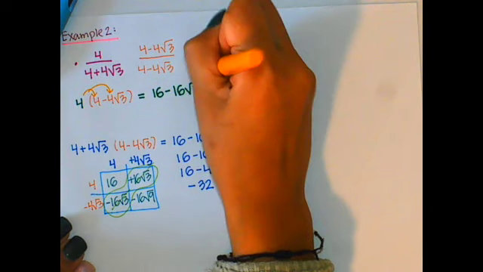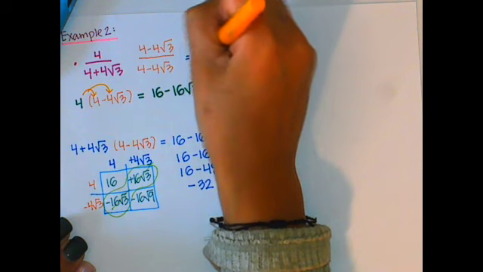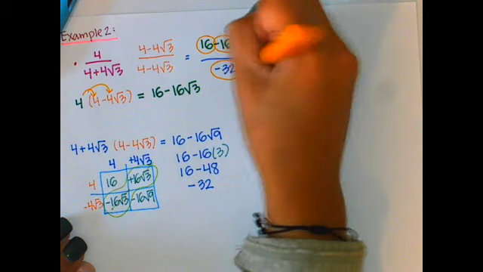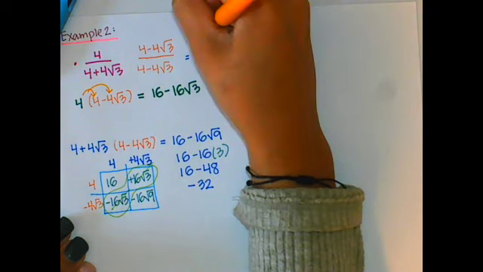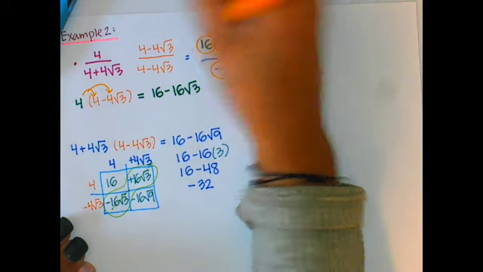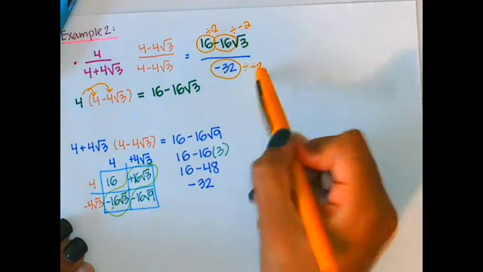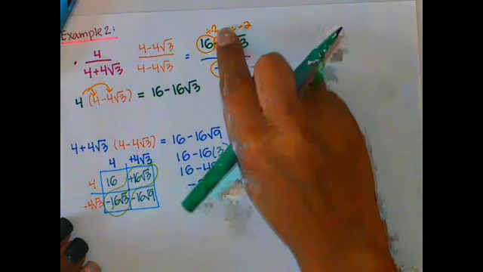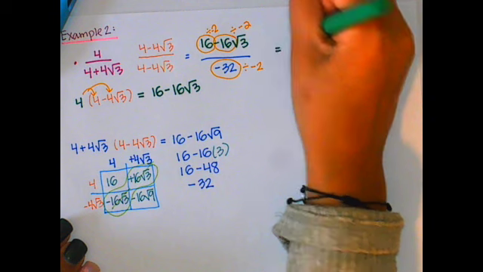I am going to look at negative 32, negative 16, and 16. I'm going to divide each one by a negative 2. You can decide to do a positive 2 if you'd like. I just like the idea of my denominator being positive. So 16 divided by a negative 2 would give me negative 8.